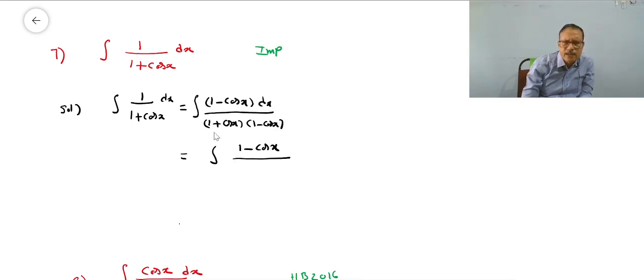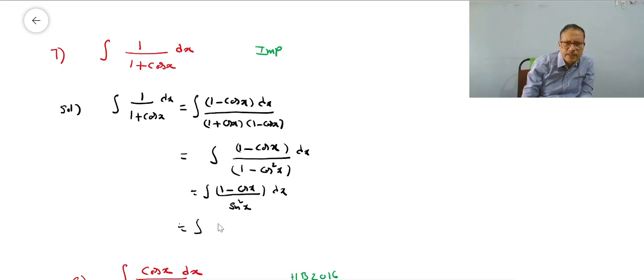That is, a is 1 and b is cos x. 1 square is 1 minus cos square x dx. So this is equal to integral of 1 minus cos x by 1 minus cos square x, that is sin square x, into dx.